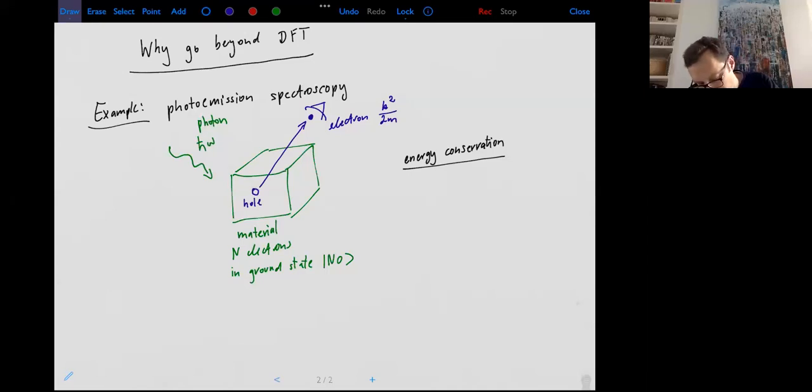Initially we have the energy of the photon and the energy of the material, which is the energy of n electrons in their ground state. We'll denote that by En0. At the end, we have the photoelectron with the kinetic energy k squared over 2m, and we have the energy of the n-1 electrons that remain in the material.